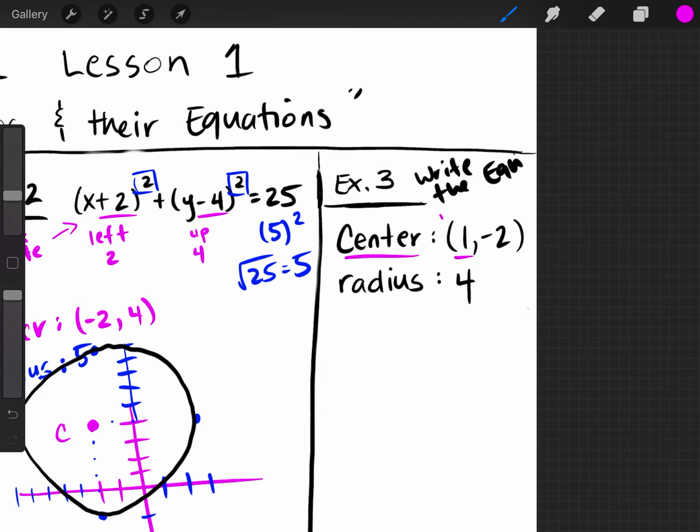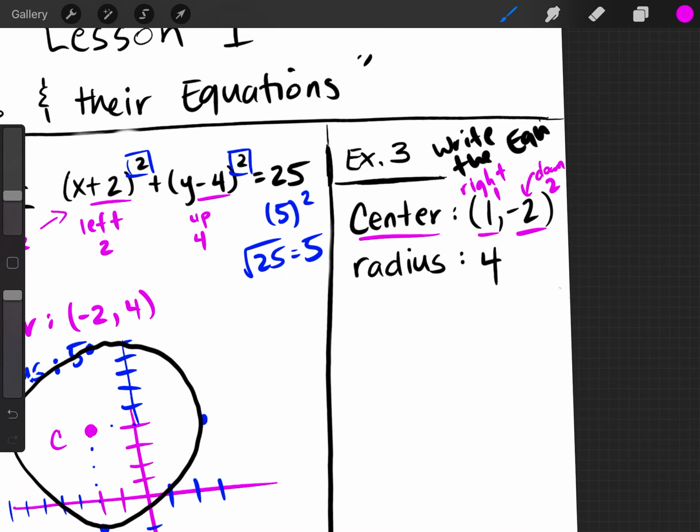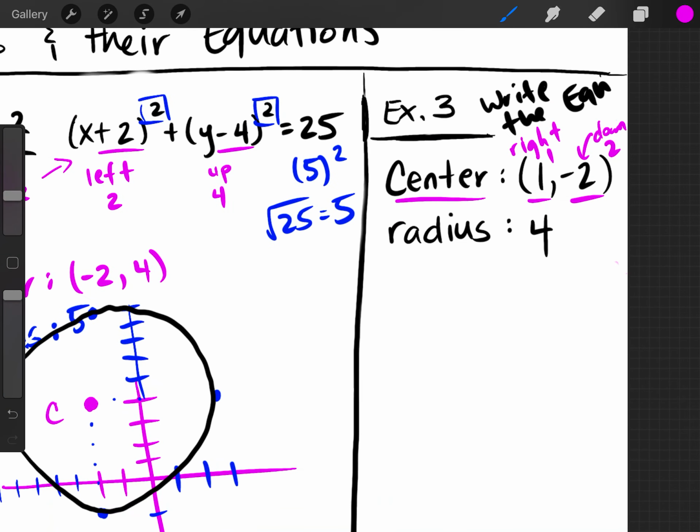So we look at the center, right? Our center has a positive 1 for the x, so that's telling us to go right 1. The minus 2 is telling us to go down 2. So what we can do is we know it has to be x plus or minus something squared, y plus or minus something squared.